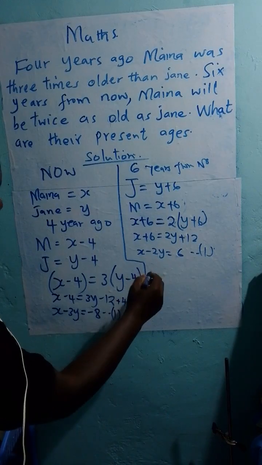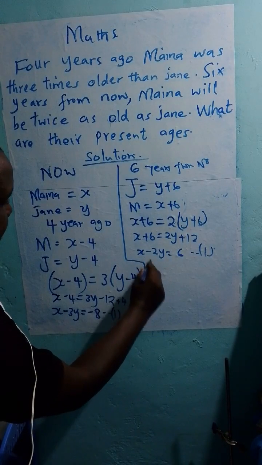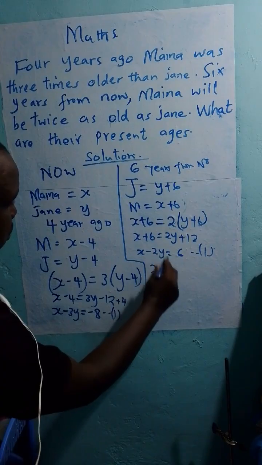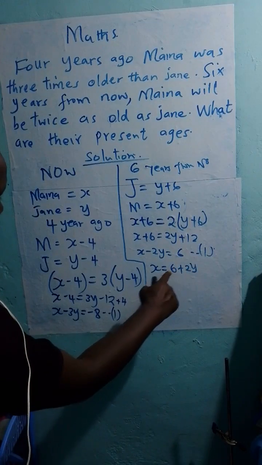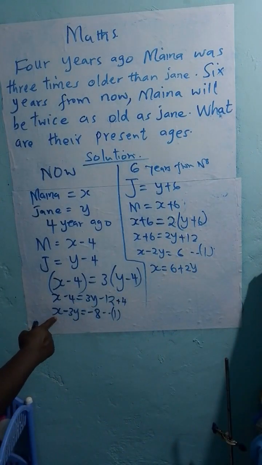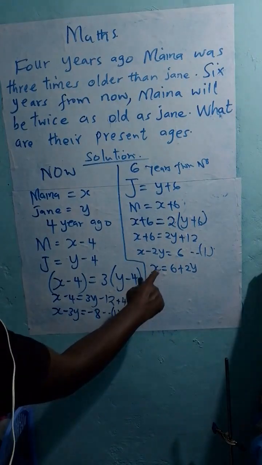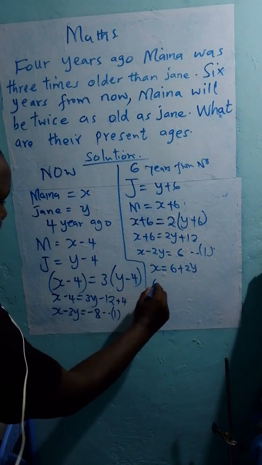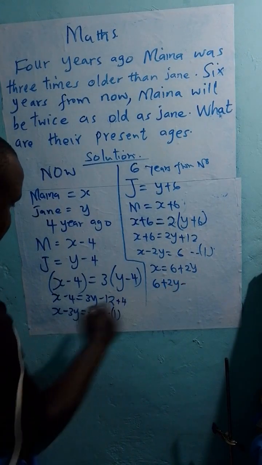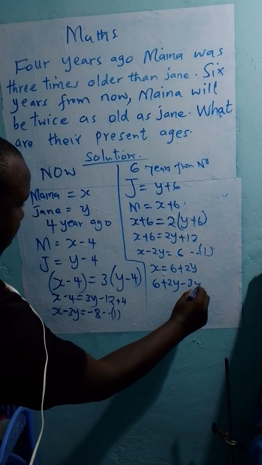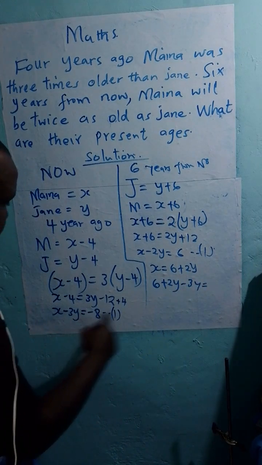We will say x will be equal to 6 plus 2y. So bring this one and substitute here. Where you see x, you substitute there. So x here will be 6 plus 2y minus 3y will be equal to negative 8.